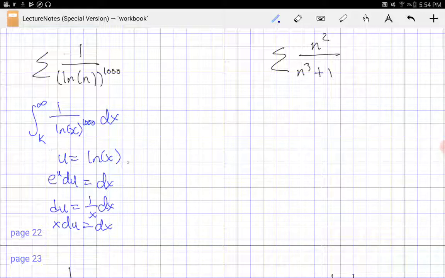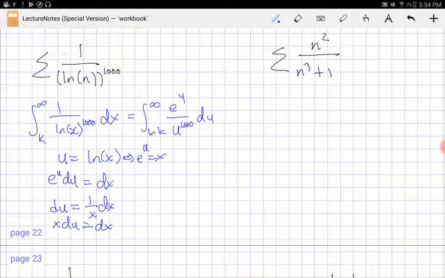And if we isolate for x here, we get that e to the u is equal to x, which is how we get e to the u du equals dx, which means this is equal to the integral from ln of k to infinity, because ln of infinity is still infinity, which is why the divergence test doesn't work here. And we'd have e to the u over u to the 1000 du.